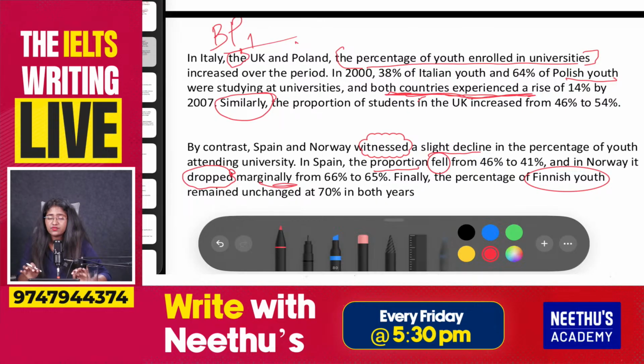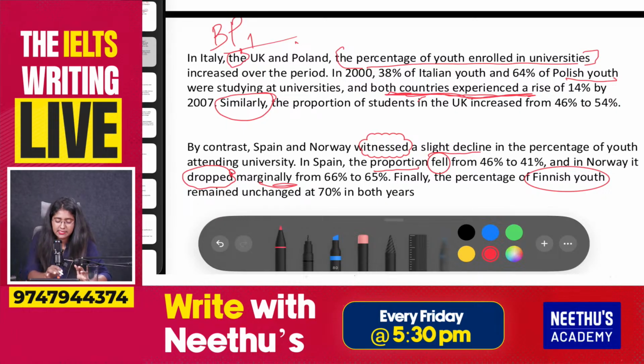So in 2000 they've mentioned the data of that year, and then the rise by 2007. Similarly, the proportion of students in the UK increased from 46 to 54%. Another country, the UK, is also given.